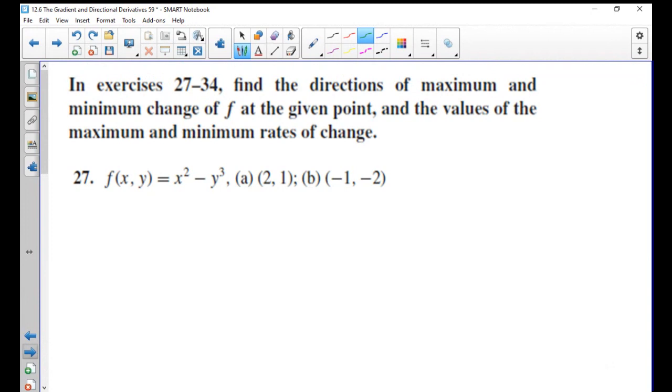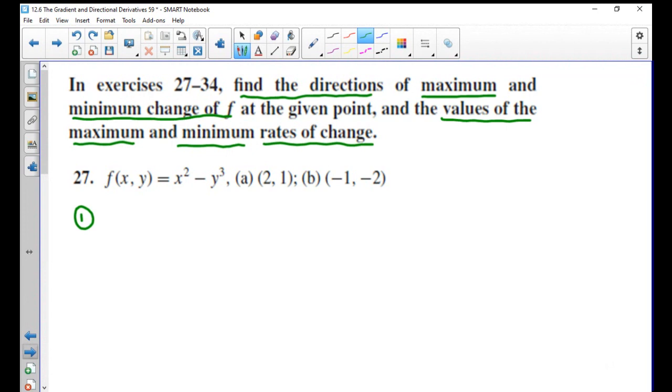Here, find the directions of maximum and minimum change of f and the values of the maximum and minimum rates of change. So there are 4 things we need to find. First, the direction of maximum rate of change.